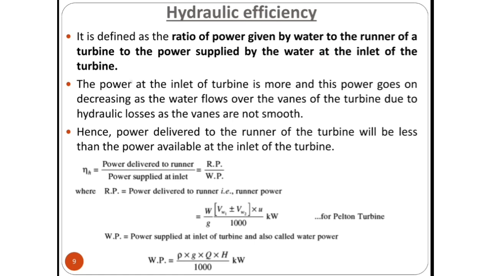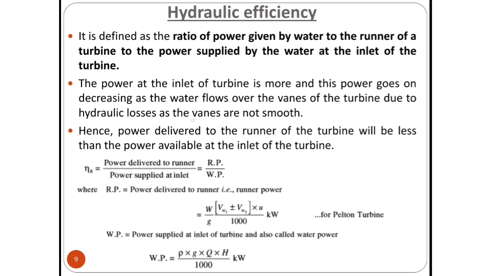The power at the inlet of the turbine is more, because the same power will not be available at the outlet or near the runner. So there will be loss of power. Hence, power delivered to the runner of the turbine will be less than the power available at the inlet of the turbine.